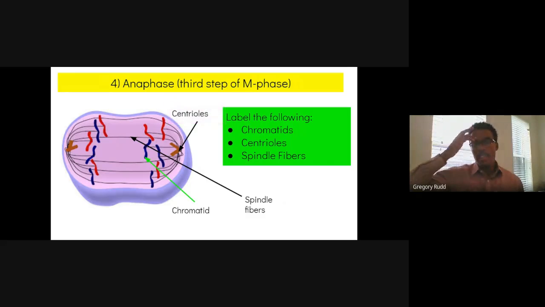Anaphase, which is the third step of M phase. So at this point, you can see the chromosomes have been pulled apart. They've essentially been ripped apart at their middle. So 3 minutes, please.